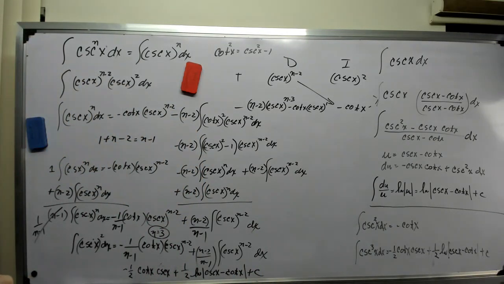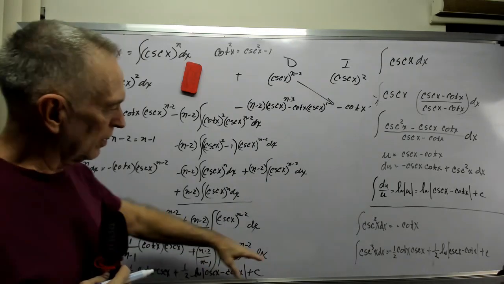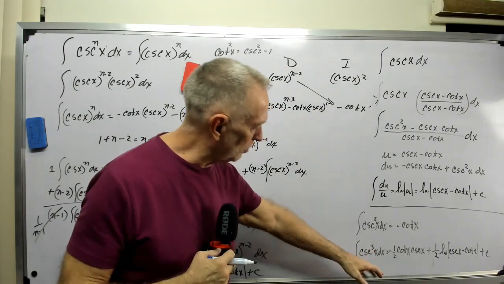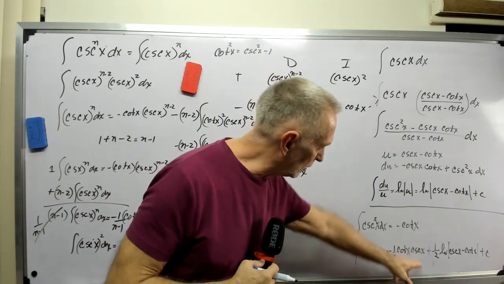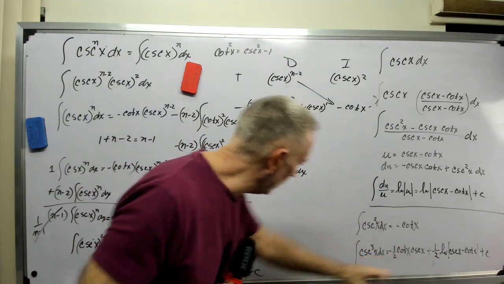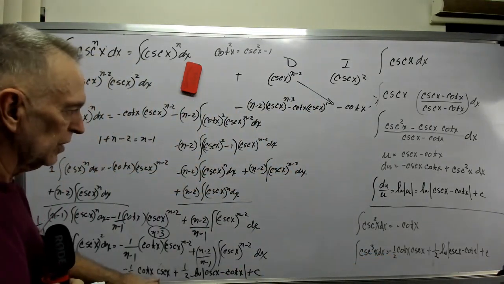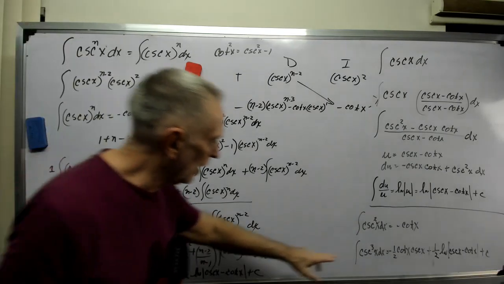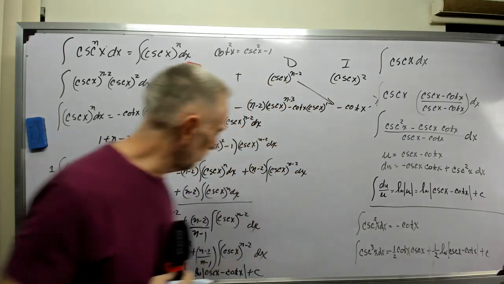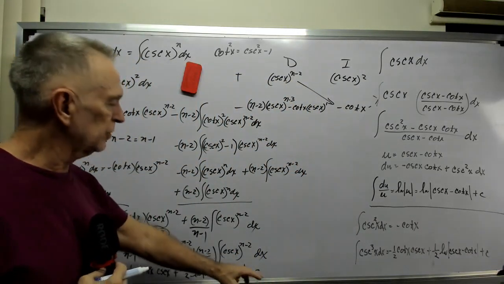Oh, you'll have to zoom in, I guess, to see that. So what did I end up with when we integrated cosecant cubed? Negative 1/2 cotangent x cosecant x plus 1/2 natural log of the absolute value of cosecant x minus cotangent x plus c.